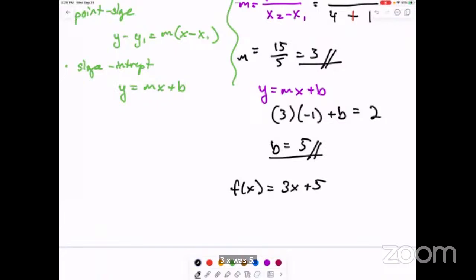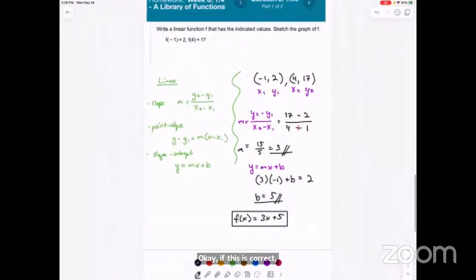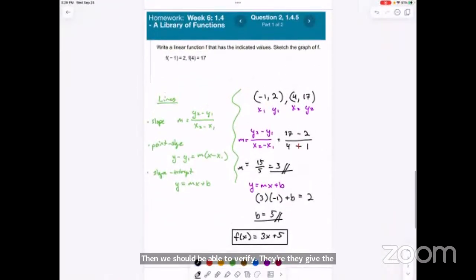If this is correct, then we should be able to verify the initial conditions, right? So for instance, when x is -1, the result should be 2. So -1 times 3 is -3, plus 5 is indeed 2. That checks out. When x is 4, 4 times 3 is 12, plus 5 is indeed 17, right? So we got f of x equals 3x plus 5.